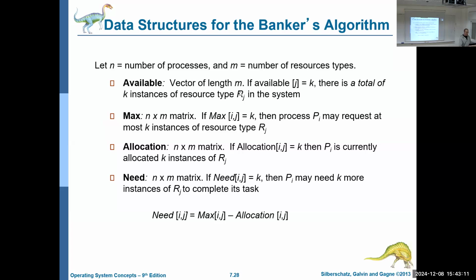We'll make a vector of length m for the resources. If Available[j] equals k, then there are k instances of resource type Rj available in the system. Basically, we're making a matrix of n times m, this large array.